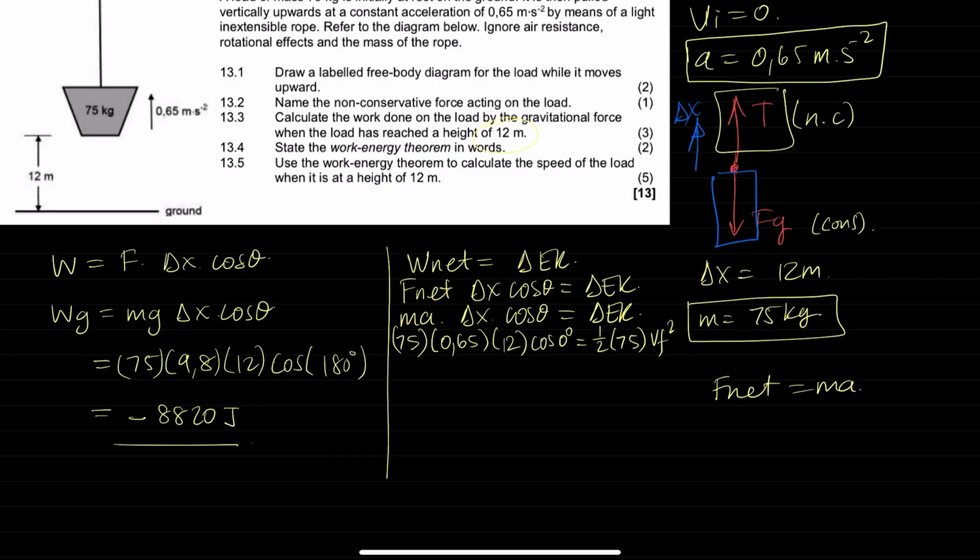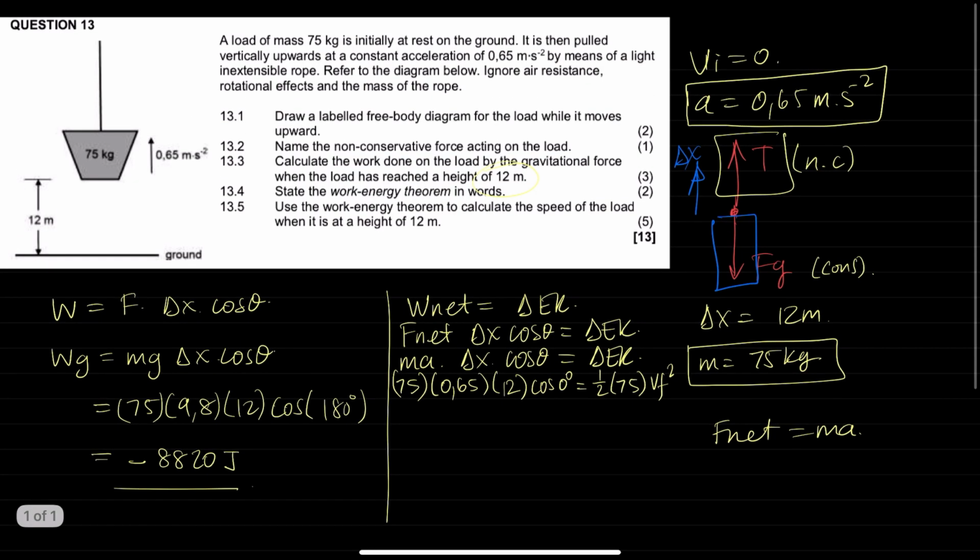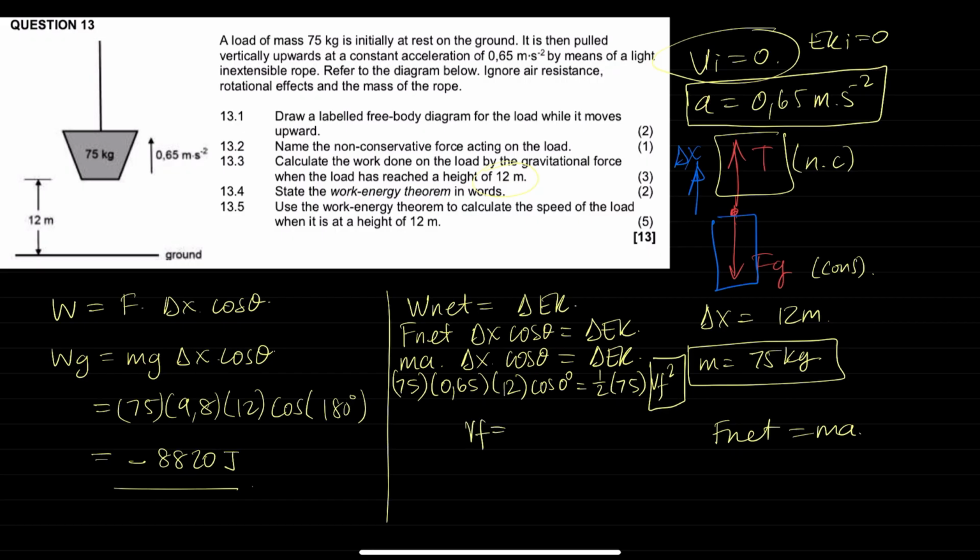There is no initial kinetic energy because it was at rest at the beginning. So Ek initial is 0. Now we just need to solve for Vf, and remember we have to square root at the end because we are solving for Vf squared. So Vf is going to equal 3.95 meters per second.